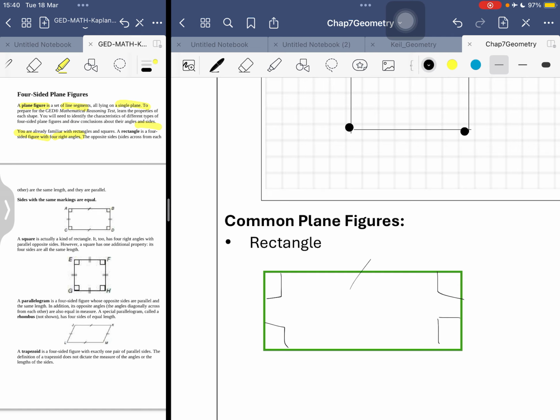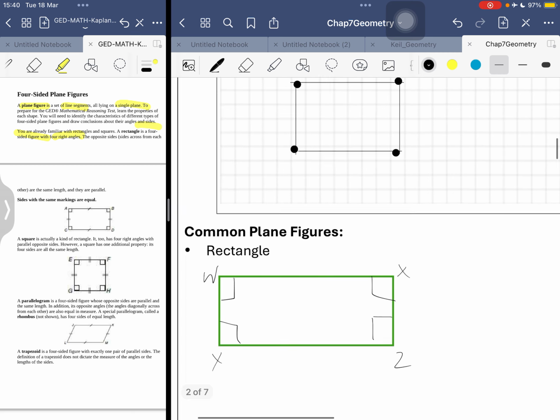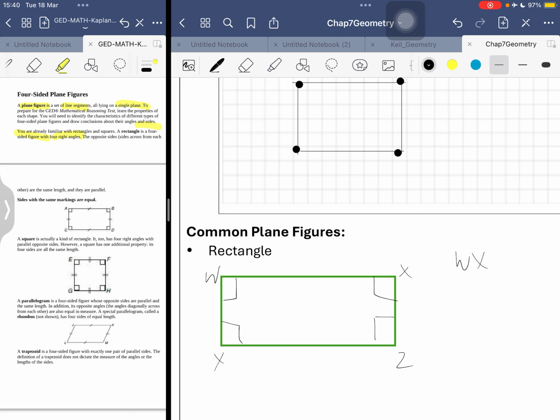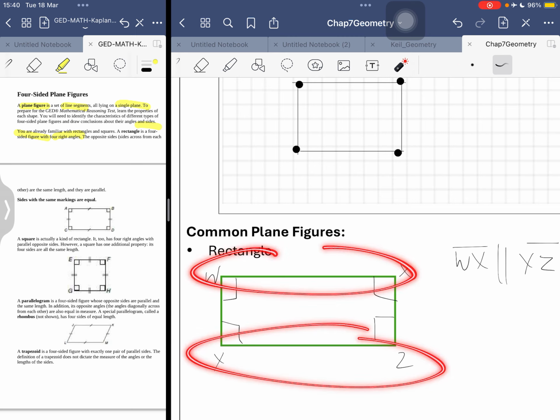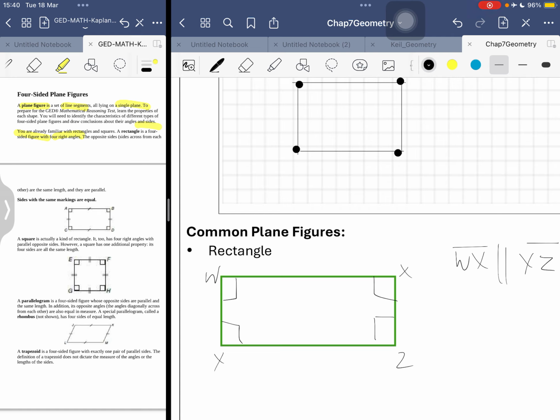For example, if we have a figure with points W, X, Y, Z, line WX is parallel to line segment YZ. You see they're parallel with each other, and they have the same measurement.